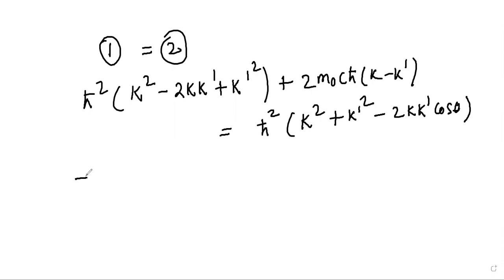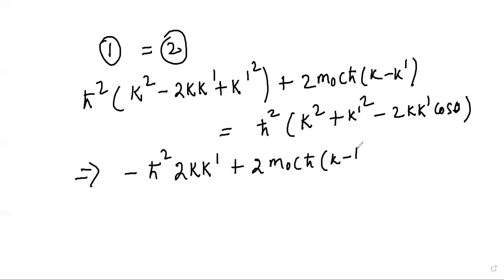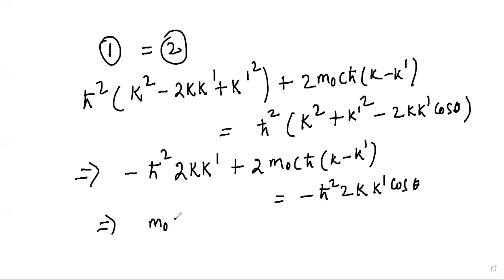Now solving this equation, you can cancel whatever is common, and then rewrite: 2m0 c ħ (k minus k prime) is equal to minus ħ square times 2kk prime cos theta.